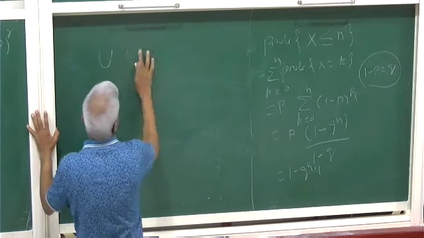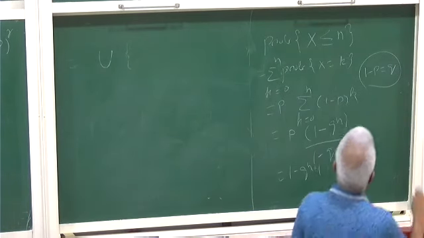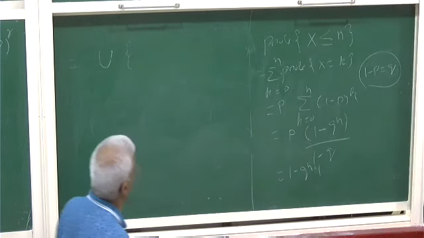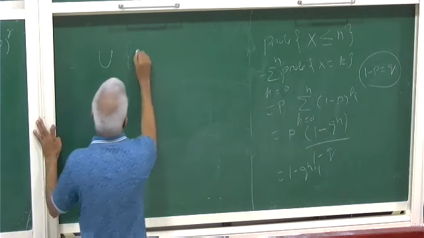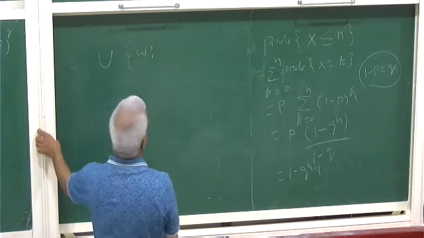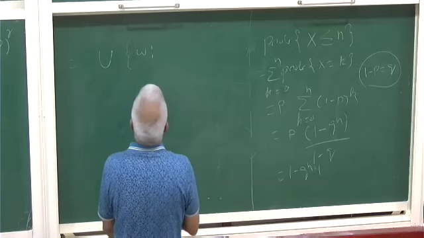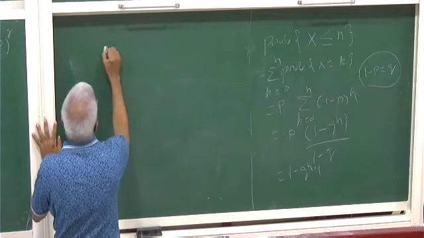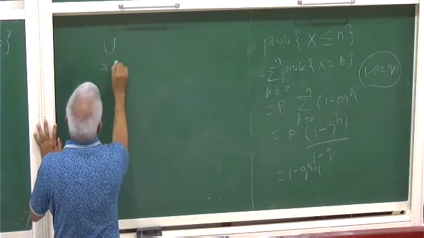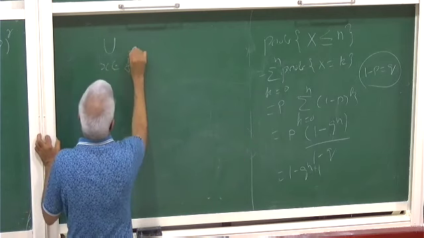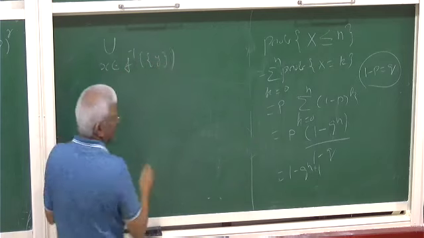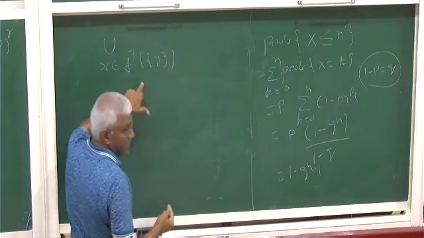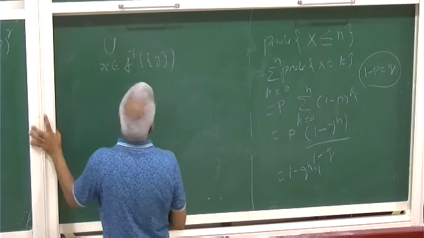There is no i here, this is just y; I didn't erase properly. It is the union over all those x in f inverse of y, which is just a finite set, or a discrete set. It can be a countable set, so the union is a countable union. That's what I want to say.